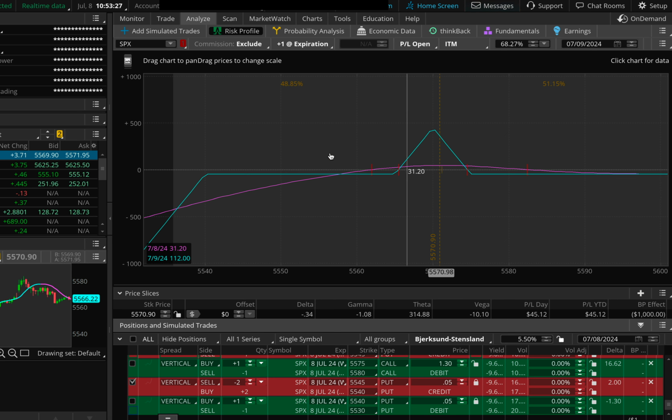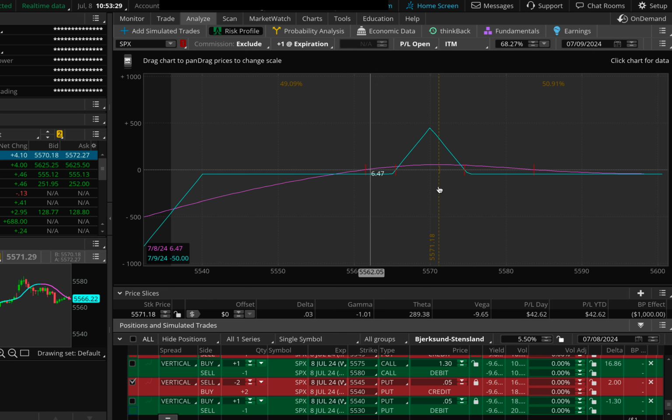There's some cool things in there I can use again. These butterflies are so flexible and bendable, way more adjustable and manageable than, say, just a credit spread. With a credit spread, there's not much you can do, really. These things, it's almost unlimited.